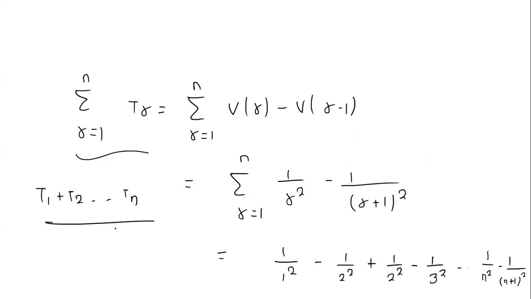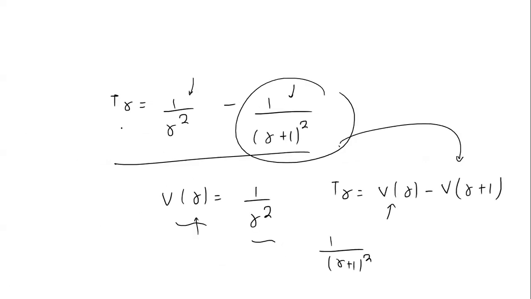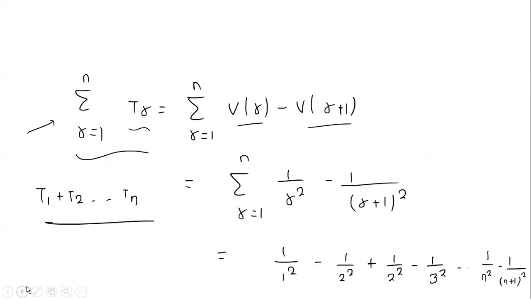We want to find the sum of these, which we can write as the sum from r is equal to 1 to n of t of r. So we can replace T of r by V of r minus V of r plus 1, because we know T of r can be written in this form.